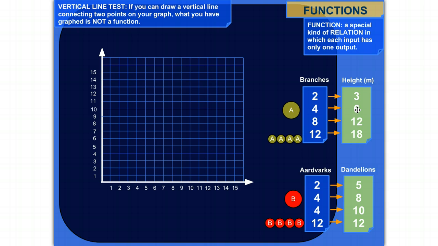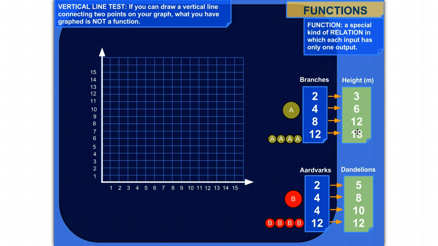And a function is a special kind of relation in which each input has exactly one output. So that's kind of the rule for functions. You can look at relations in table format like this, but that gets kind of tedious. If you have a bazillion numbers, it could be a pain to figure out whether each number here has exactly one number associated with it over here.